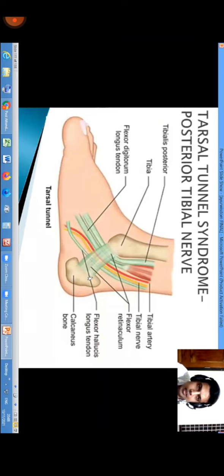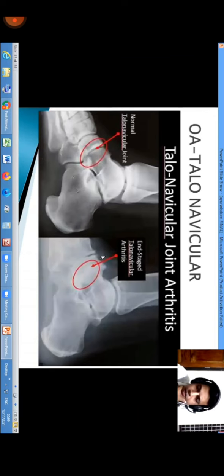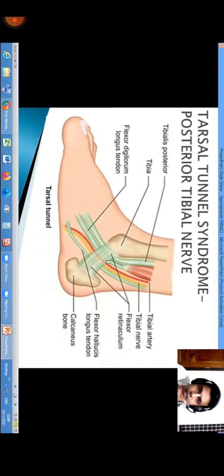And coming to tarsal tunnel syndrome, it is called the entrapment neuropathy of the posterior tibial nerve. As in carpal tunnel syndrome, here the flexor retinaculum is inflamed and causing stenosis of the tarsal tunnel, and the posterior tibial nerve is passing through this retinaculum, and the symptoms occur as the entrapment happens.